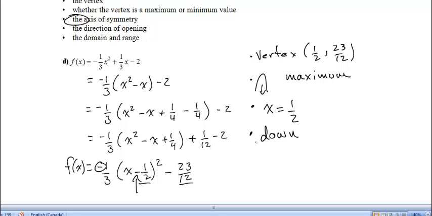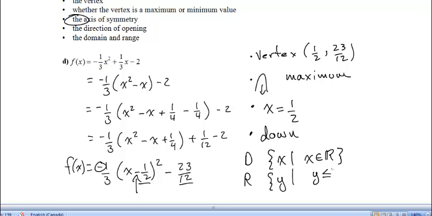And the domain and range, well, it's a parabola, so the domain is the set of all x's such that x is an element of the set of real numbers. And the range is all the y's such that y is less than or equal to whatever my maximum value was. And my maximum value in this case was negative 23 over 12.